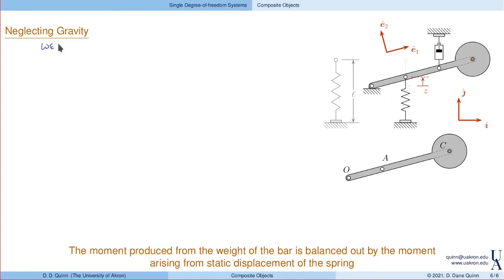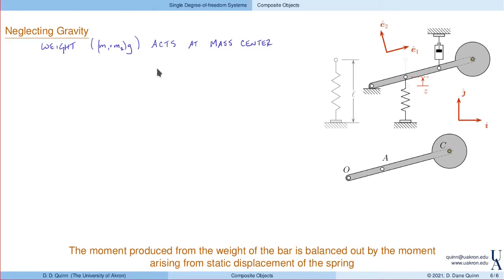And here, the weight of the object becomes m1 plus m2 times g, because the total mass of this object is the mass of the bar plus the mass of the disk, and it acts at the mass center. Where is the mass center? Well, that needs to be determined.